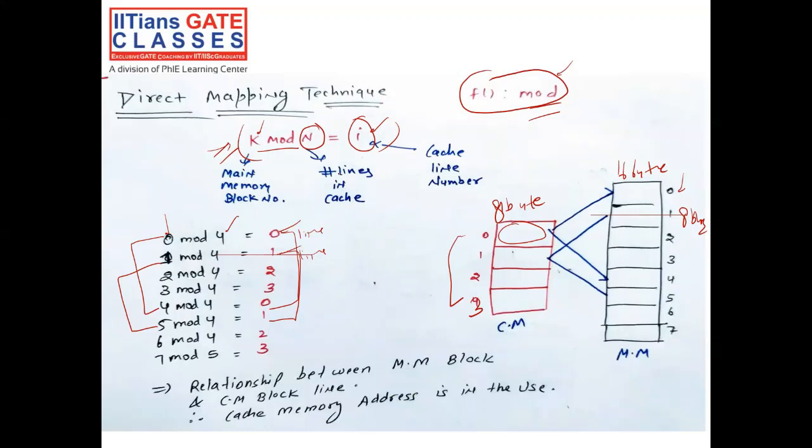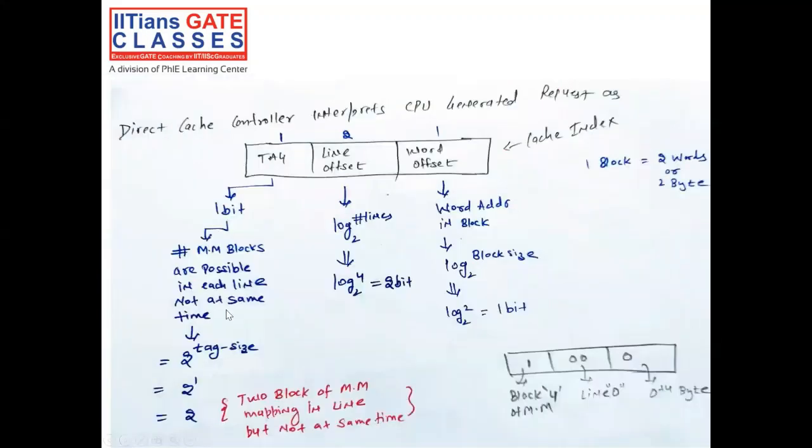So let's see. Now, when the CPU generates the memory request, first that request comes to the cache memory. So our direct cache controller interprets the CPU request in this format.